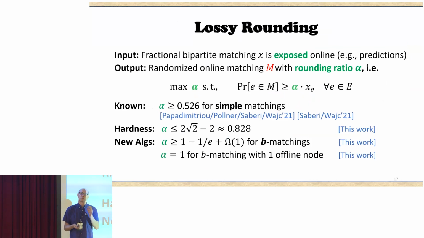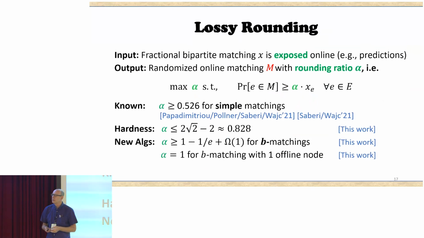B matching is when every vertex V is allowed to be adjacent to no more than B of V edges. Simple matching is just when B is equal to 1 everywhere.